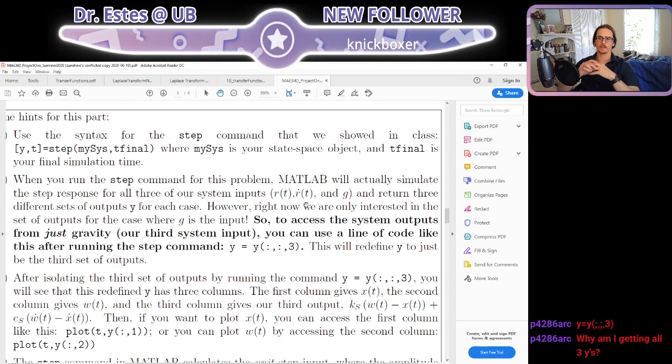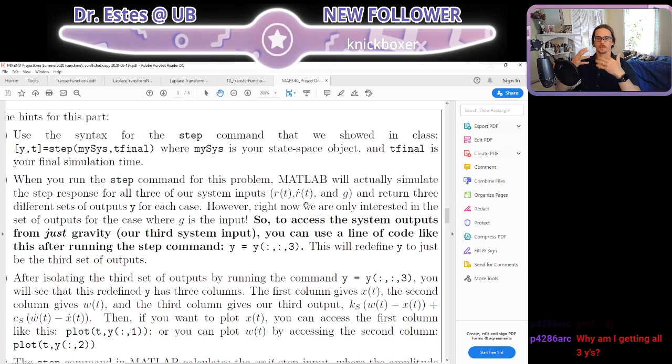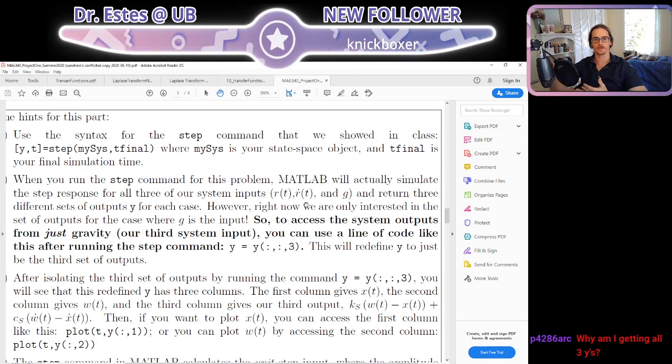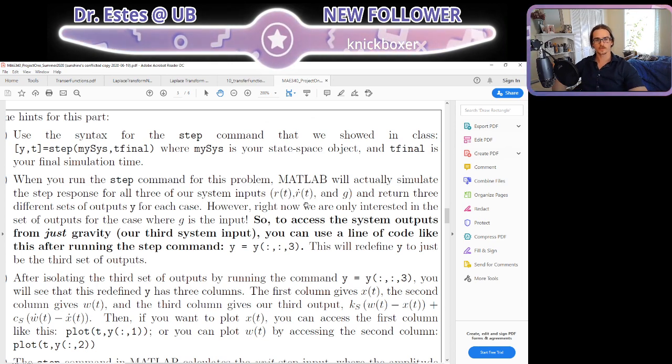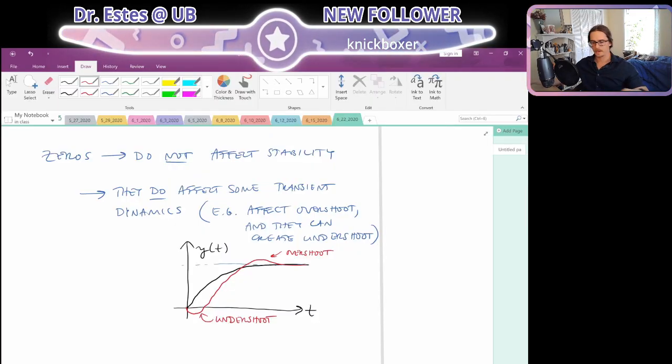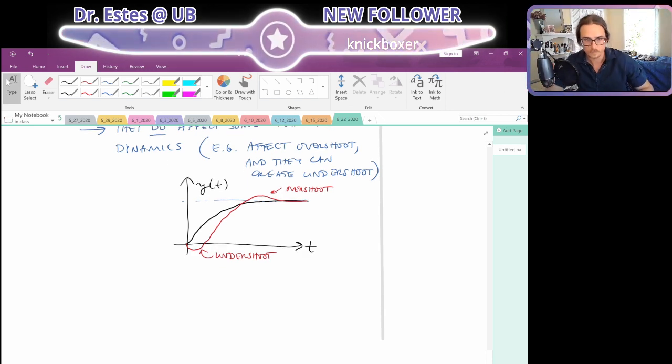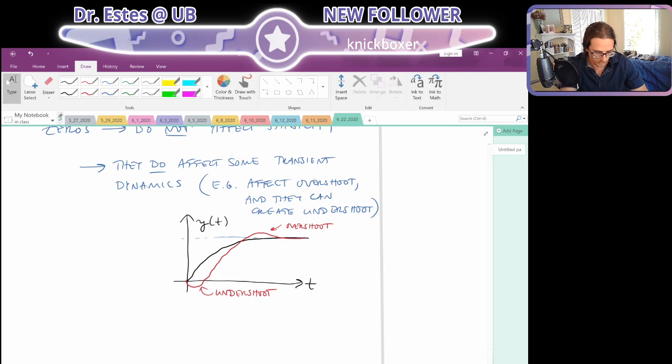So what am I trying to say? Step gives you a 3-dimensional matrix in this case. It gives you a matrix of outputs for each different input. Actually, this would probably be easier if I draw it. We're going to draw.